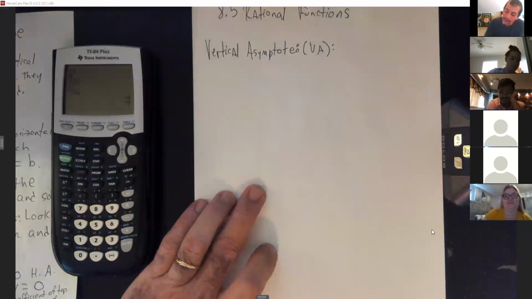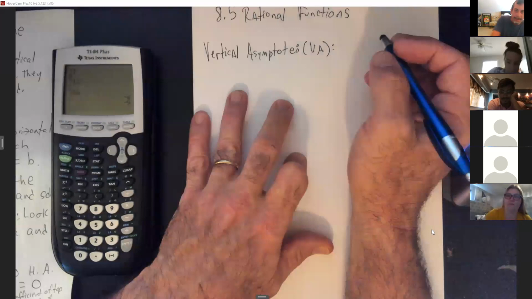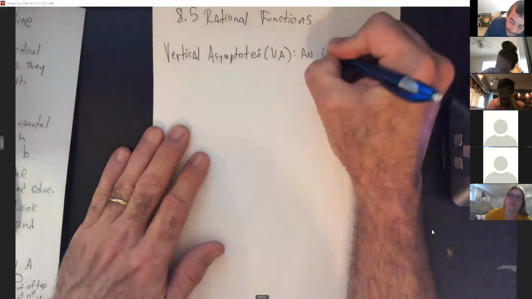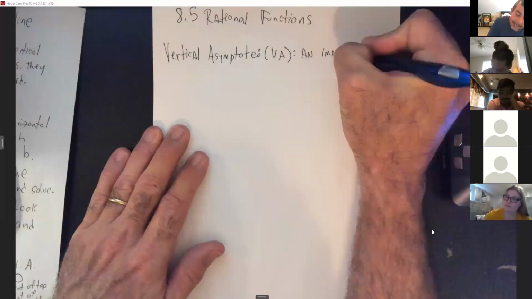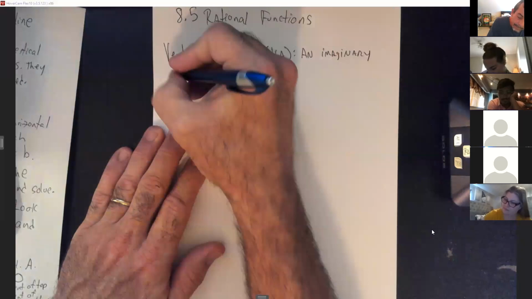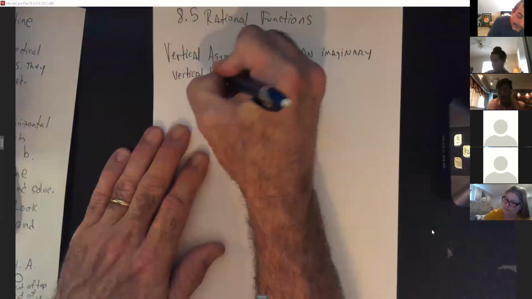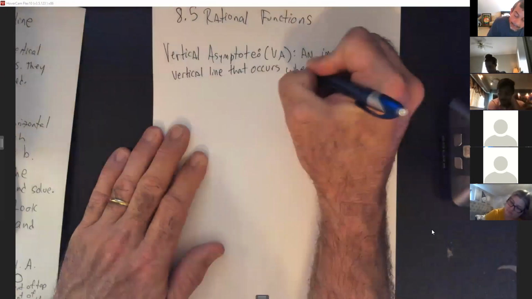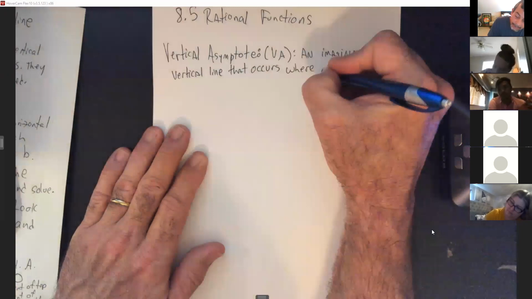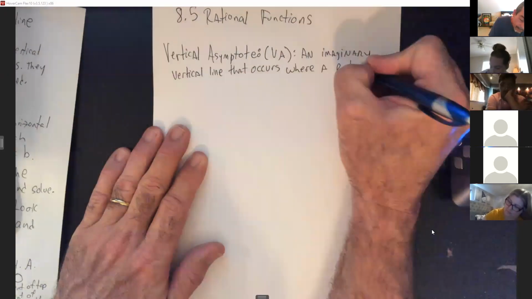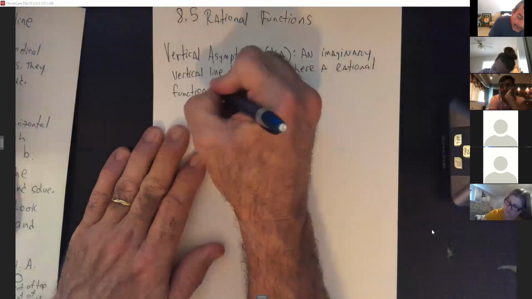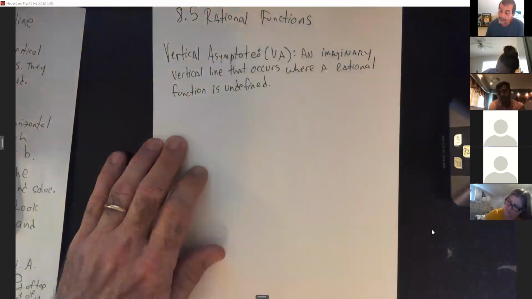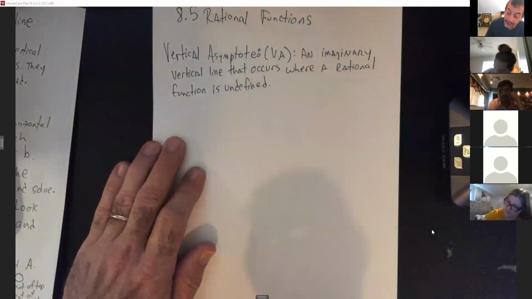But what a vertical asymptote is, it's an imaginary vertical line that occurs where a rational function is undefined. So it's just an imaginary vertical line that occurs where a rational function is undefined.